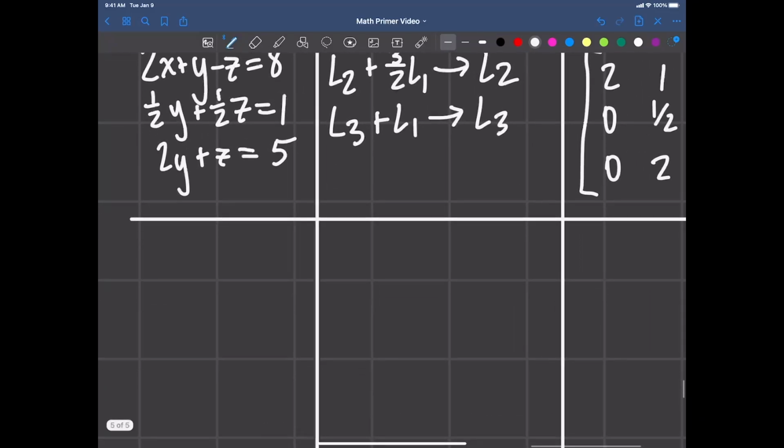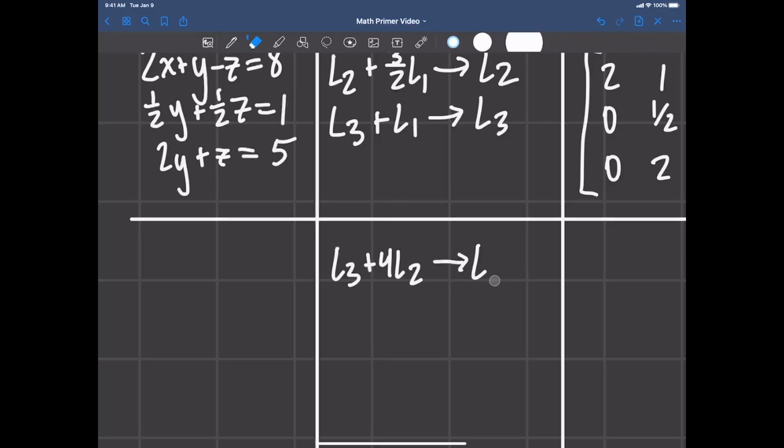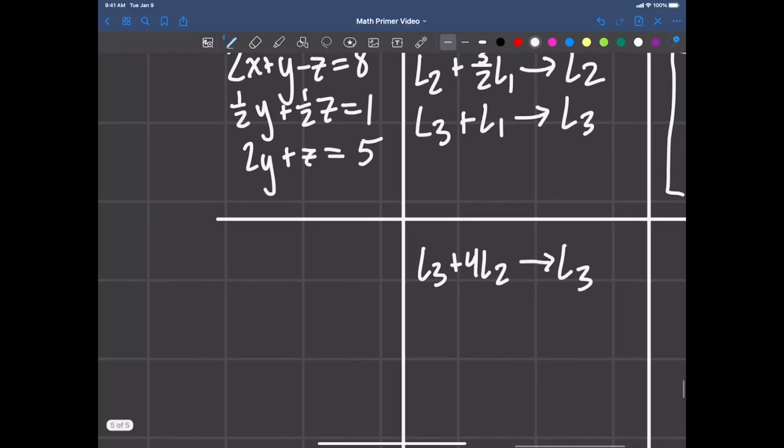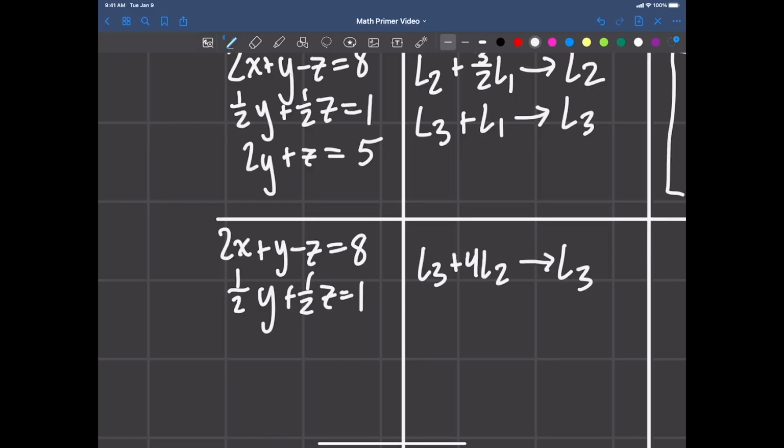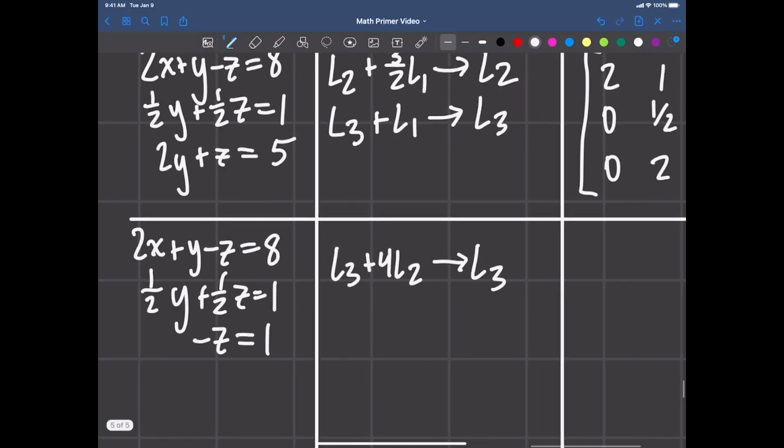Next, let's do L3 plus 4L2 and apply that to L2. Sorry, let's apply that to L3. 2x plus y minus z is equal to 8. 1/2 y plus 1/2 z is equal to 1. They both stay the same. And negative z is equal to 1. We're only changing row 3.